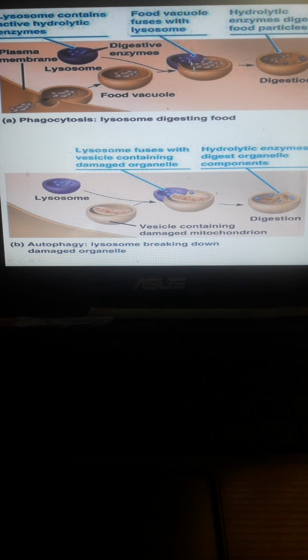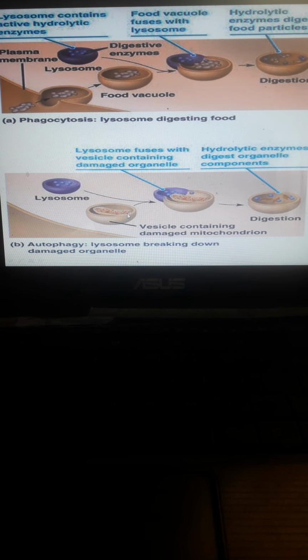Then the hydrolytic enzymes digest the food particles. So the digestion process takes place in the fusion of lysosomes with the food vacuoles, and the enzymes digest the food.